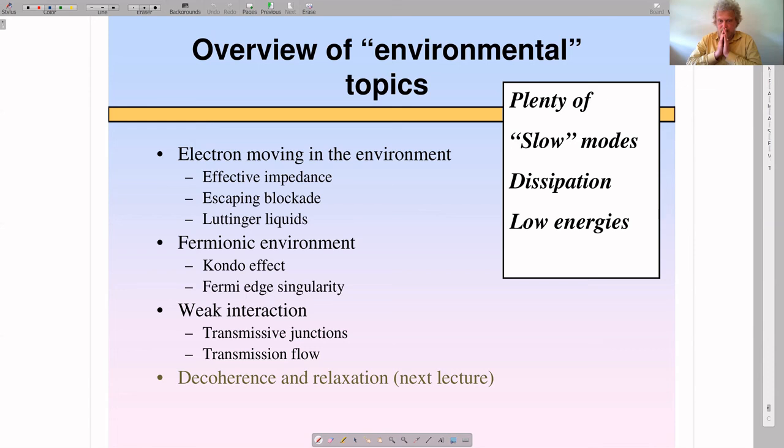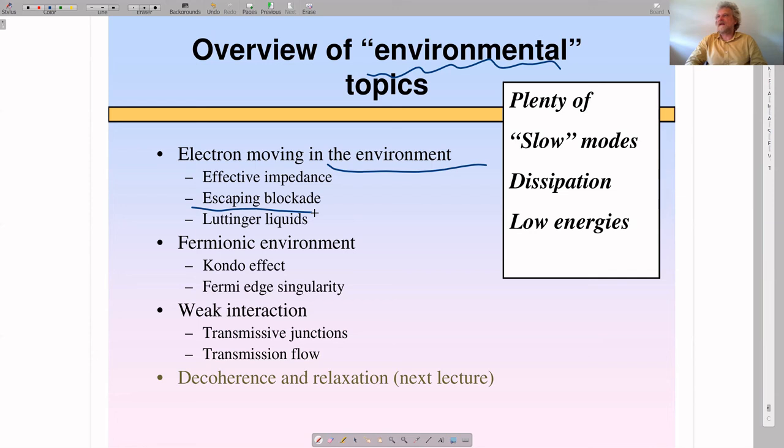Just let me mention at the end of this topic that we have only touched the whole world of very interesting processes related to the interaction of electrons or qubits with environments of different kinds. We've been looking at electromagnetic environments, but if you combine it with electron motion, one can also see how electrons can escape. For instance, blockade.